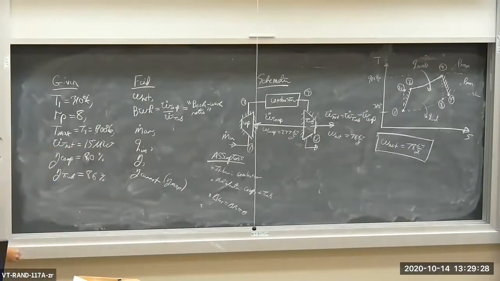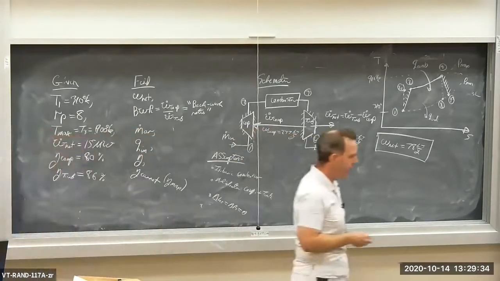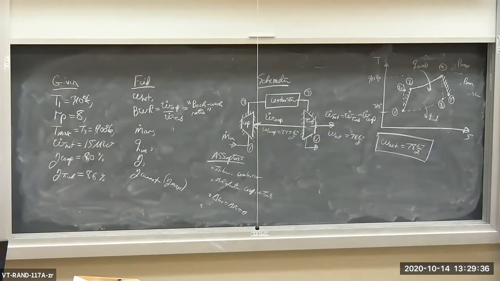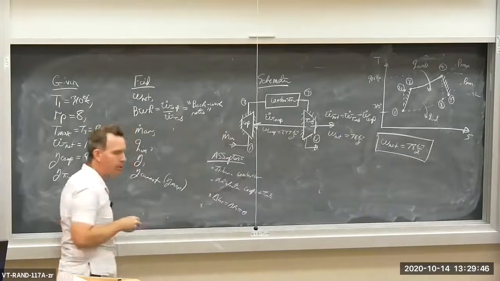Okay, let's calculate this thing called the back work ratio. The back work ratio gives you an idea of how much power is required to run the compressor compared to the power produced by the turbine. In fact, it's the ratio.